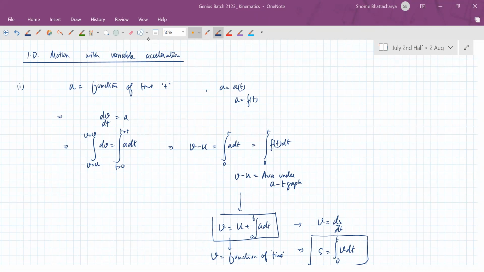So the first type of situation is that if we are given the acceleration as a function of time and the initial velocity, these two things are known to us. Then from this we can find out v as a function of time.